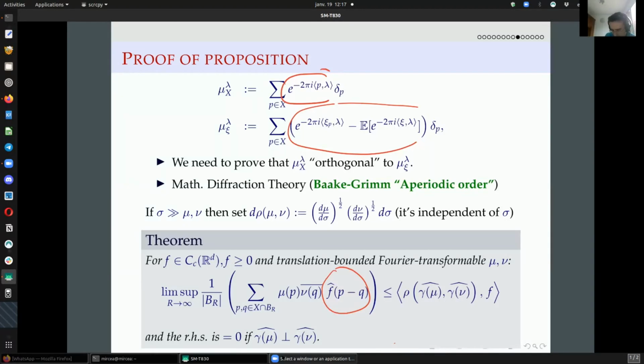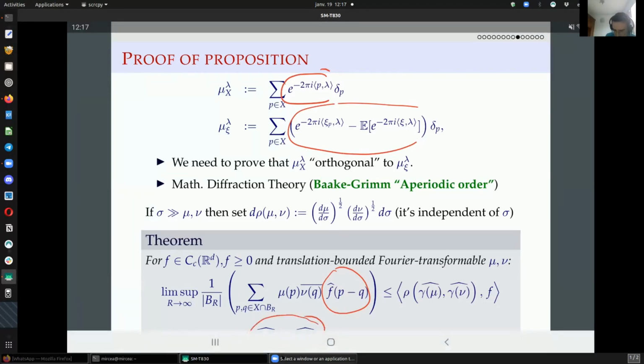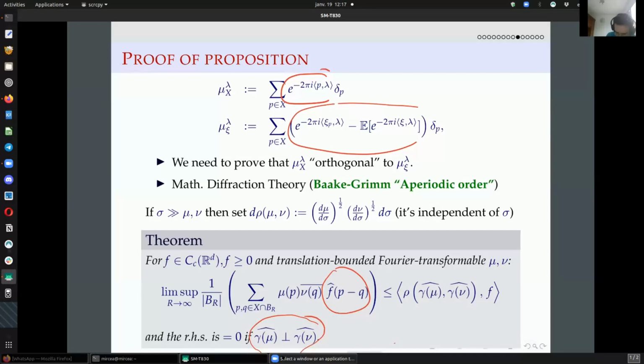So I'm looking for this for a concentrated f depending on the Delone property of my set. And in order to obtain the proposition with all this setup, I have to prove that the diffraction measures are orthogonal. This is the same as was needed in the case of lattices in Yakir.